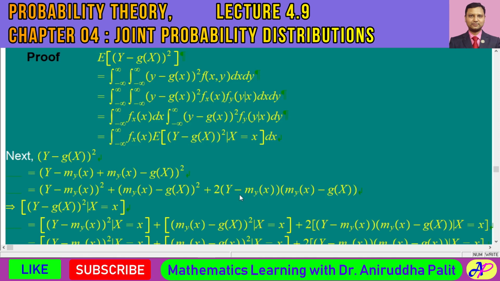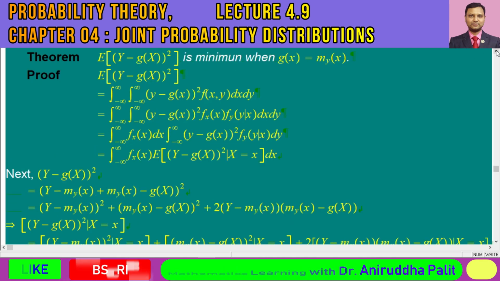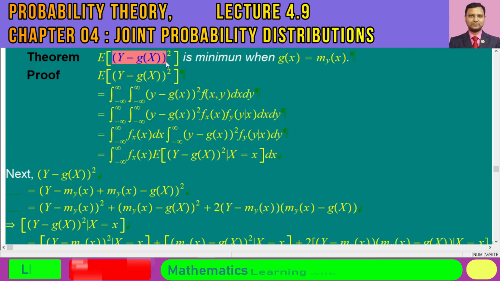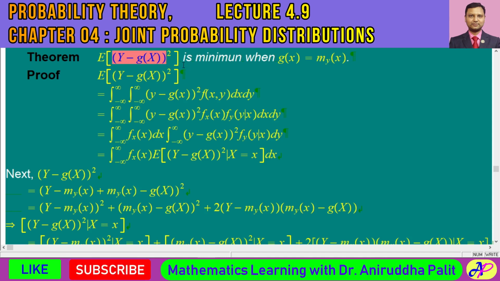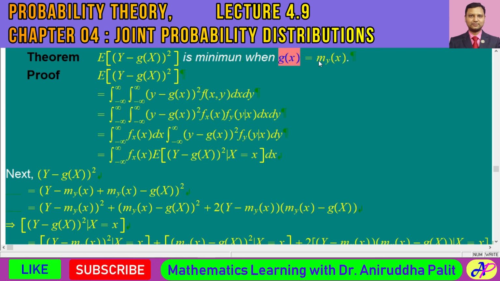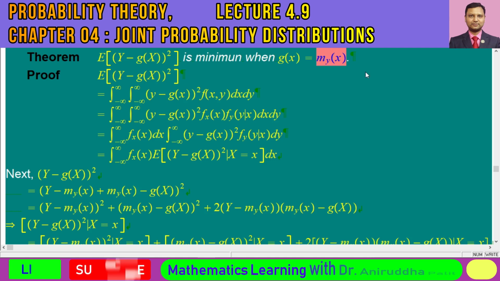The next result that I am going to put over here is that the expectation of (y minus g of x) whole square is minimum when g of x is equal to the conditional mean my of x.